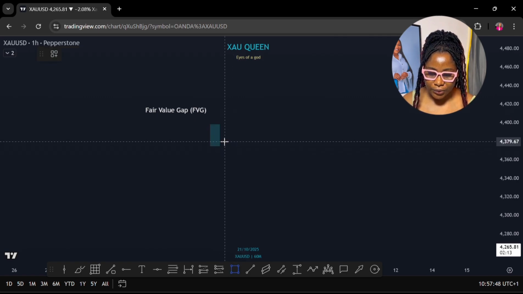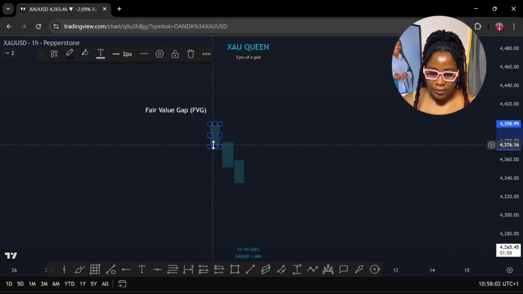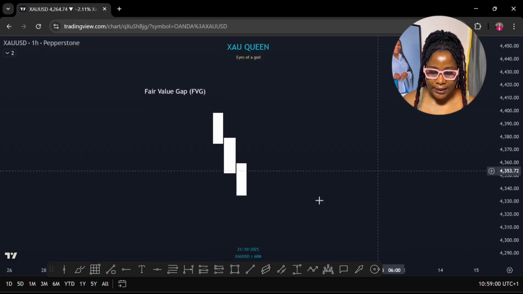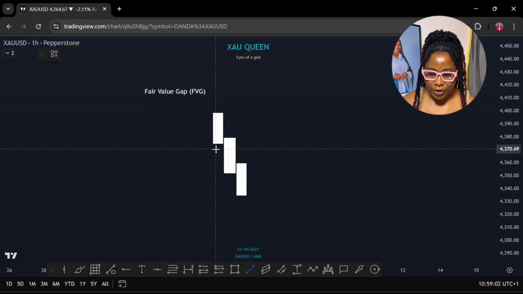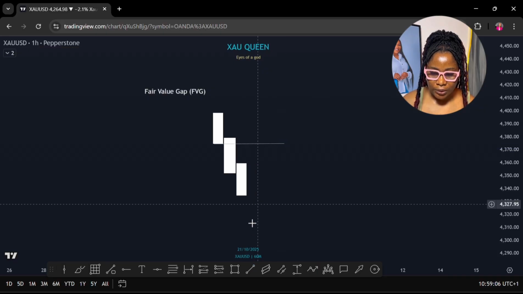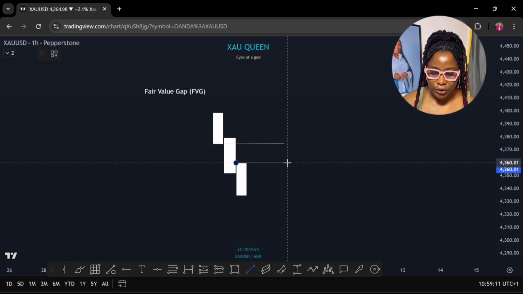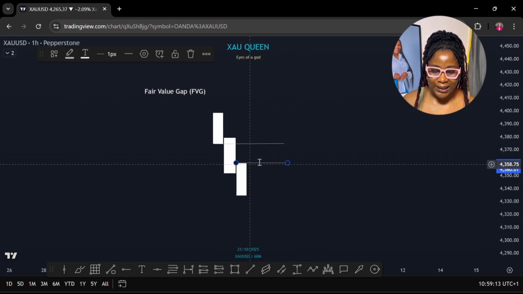We have three candles involved: the first, the second, and the third candle. This right here is an FVG. You can see that the top of the first candle does not touch the top of the last candle.